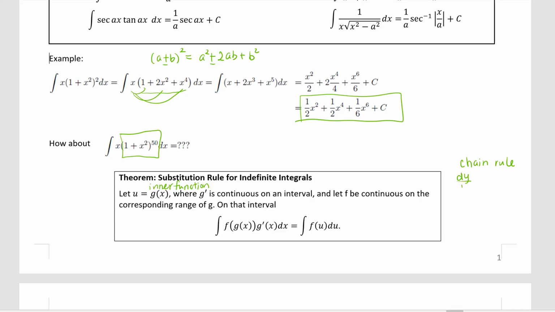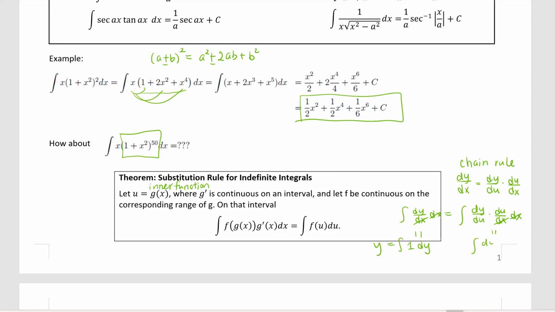we have dy/dx equals dy/du times du/dx. Right? And let's integrate both sides with respect to x. So the integral of dy/dx is the integral of dy/du times du/dx. On the left, you can see dx cancels. We have the integral of dy, but it's like 1 dy, so the answer is y. On the other side, we can see dx cancels.